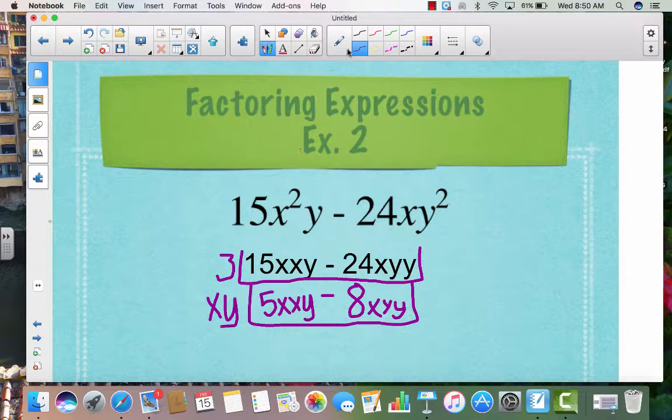And in doing so, I've gotten rid of these, and I've gotten rid of these. So my next layer is just going to be a 5x and an 8y. And notice I'm just going to keep bringing down that subtraction sign so that I don't forget about it. 5x and 8y have no terms in common.